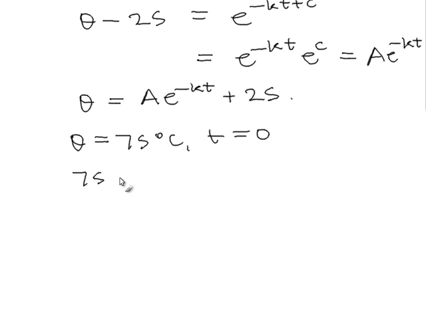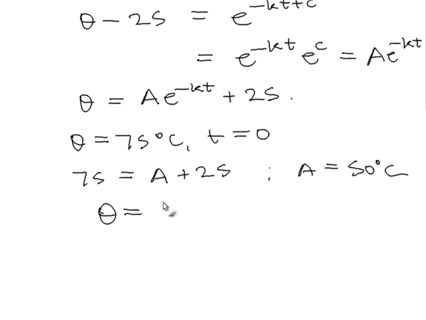So 75 is equal to A e to the 0, which is of course A, plus 25. That immediately, trivially gives us A is equal to 50 degrees centigrade. So θ is equal to 50 e to the minus kt plus 25.